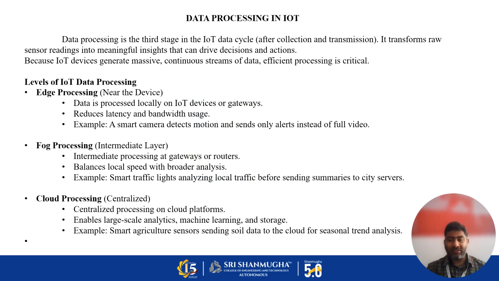So next is cloud processing. Basically, cloud processing is where your data collector collects information and all the information is transferred to your cloud. Once your cloud receives all that data, it will process it and then further changes happen. Let's say, for example, you are using a moisture sensor. If my moisture sensor records some kind of change in my environment, it will send all the information to my cloud. Once my cloud gets that information, it will process each and every value.